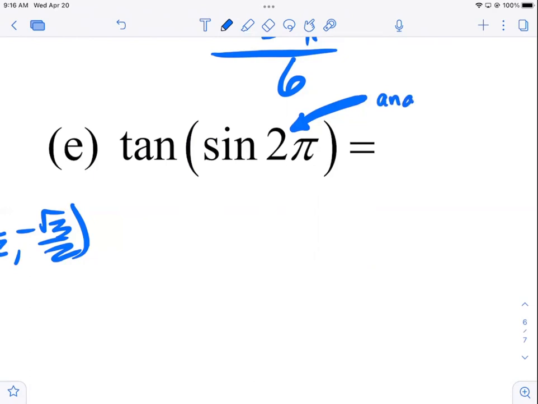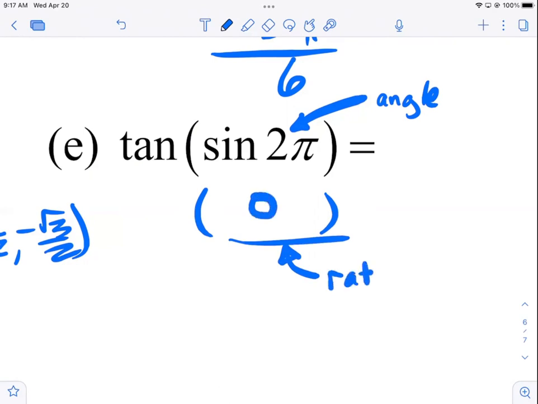It's an angle because it follows sine. So we take sines of angles to find ratios. So what is the ratio of sine of 2 pi? 0, that is the ratio that is sine of 2 pi.